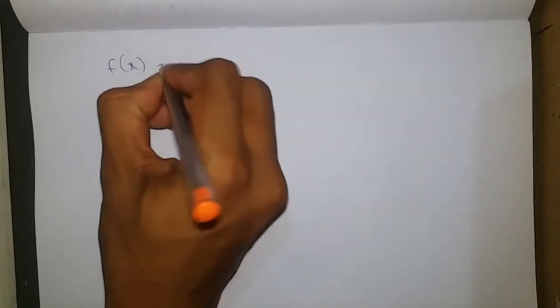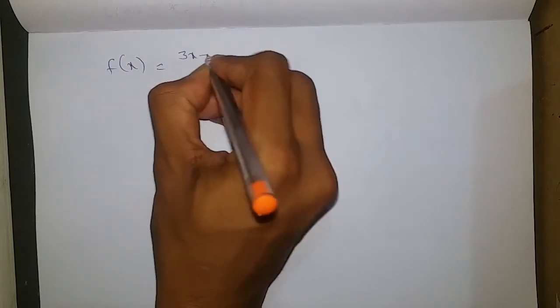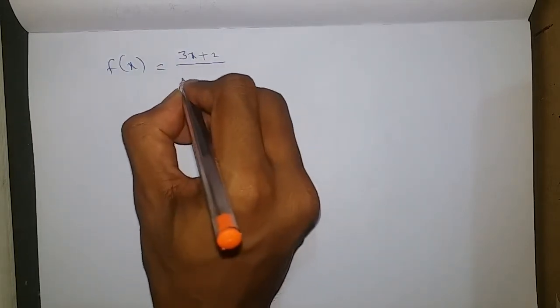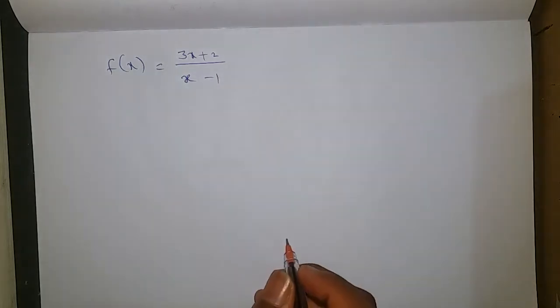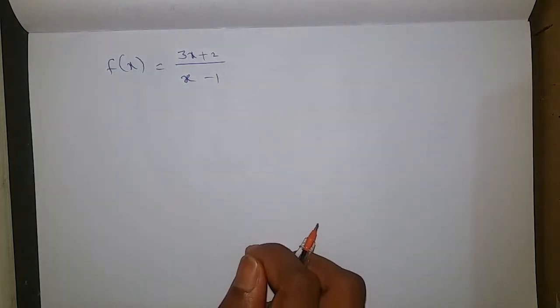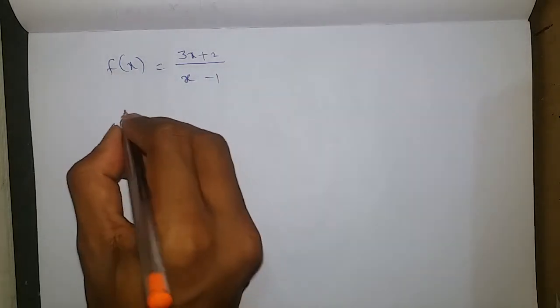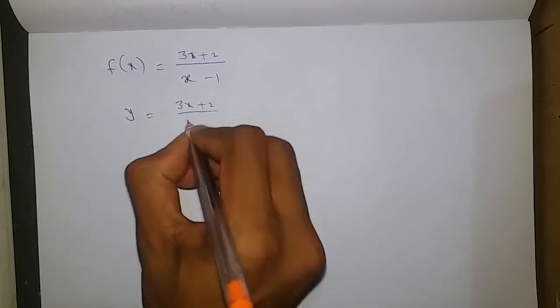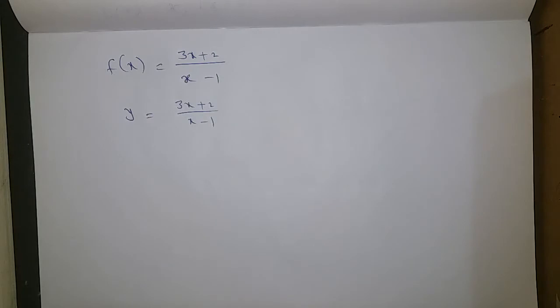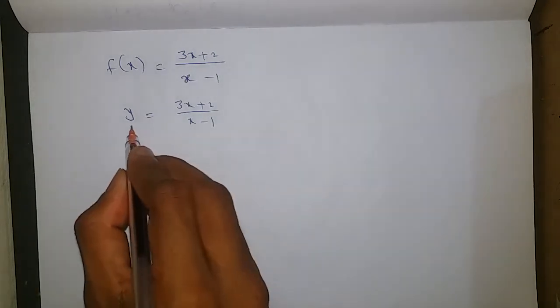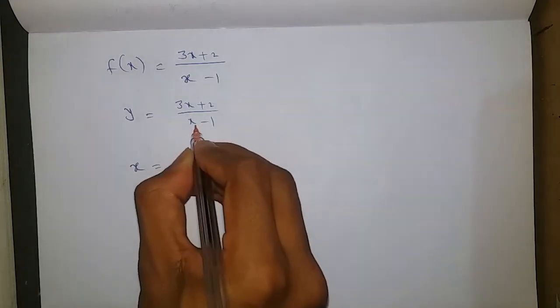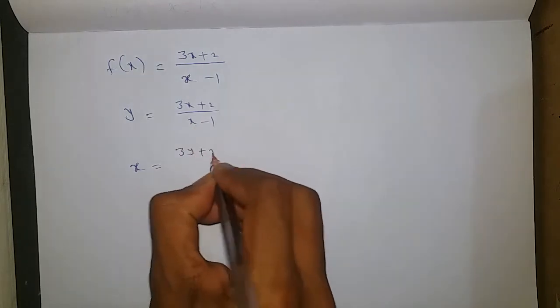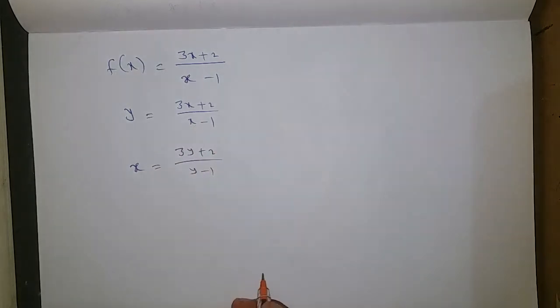No inverse. Okay, let us check one more example. F of x is equal to 3x plus 2 divided by x minus 1. Find the inverse. First, for f of x we need to write y. So y is equal to 3x plus 2 divided by x minus 1. Now swap the x and y. In the place of y x, in the place of x y. x is equal to 3y plus 2 divided by y minus 1.